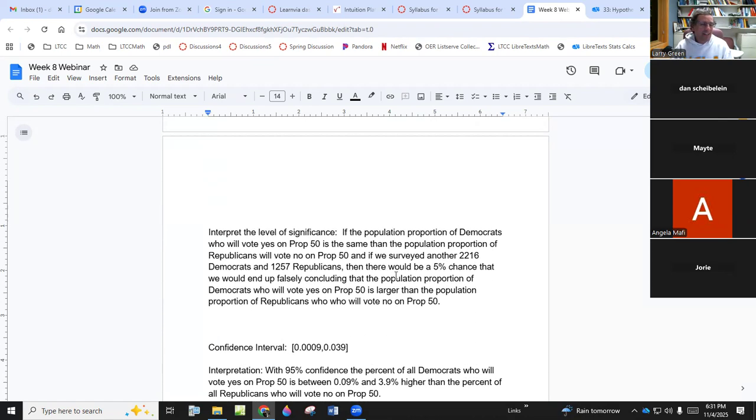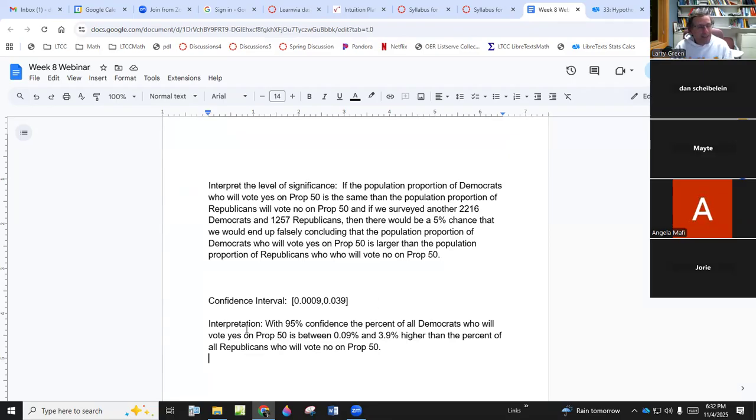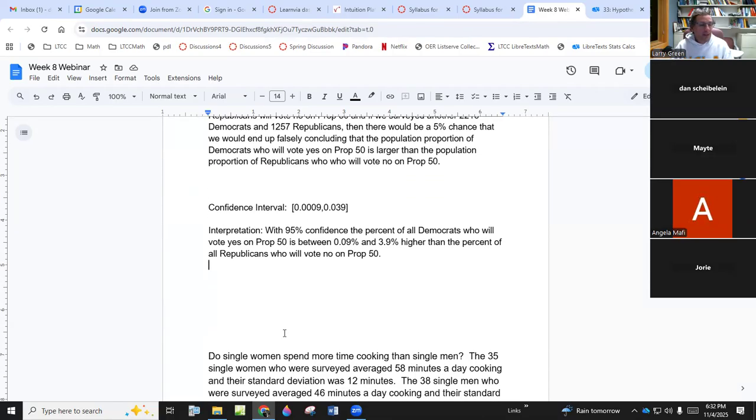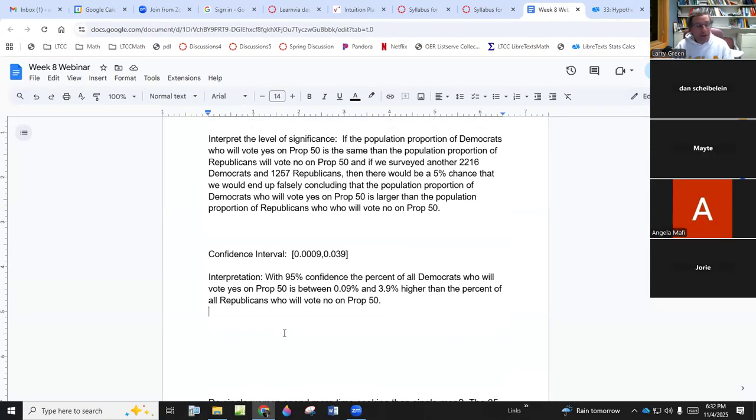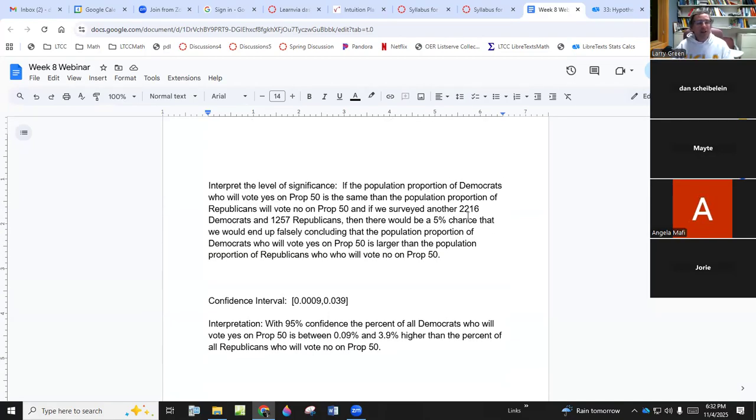Any questions at all on the interpretation of the confidence interval? Okay, you could also interpret the confidence level. I'm just going to say it quickly because it's the same idea. If you conducted this survey many times, surveying 2,216 Democrats and 1,257 Republicans who are likely to vote, then each one would produce its own confidence interval.